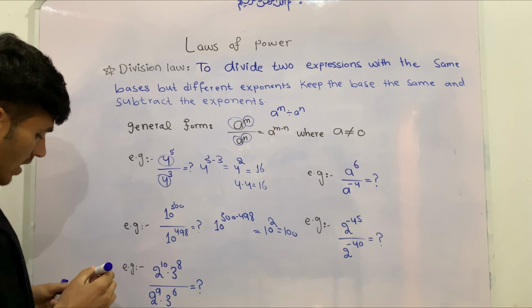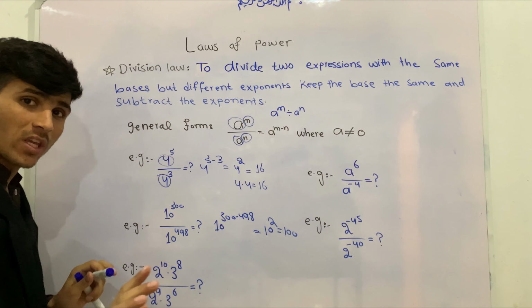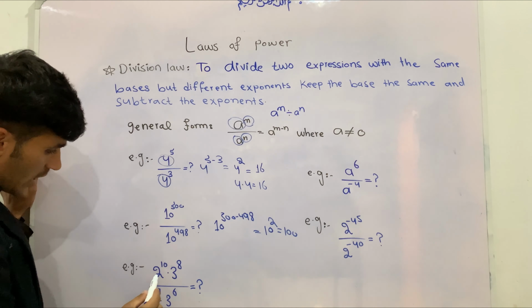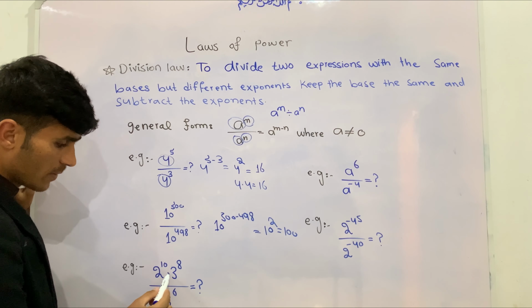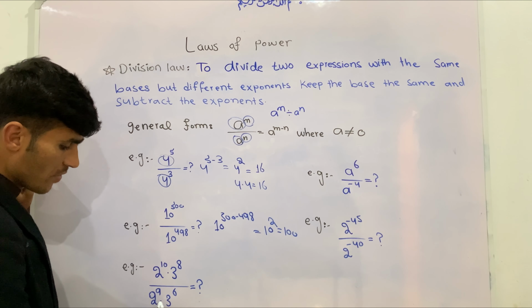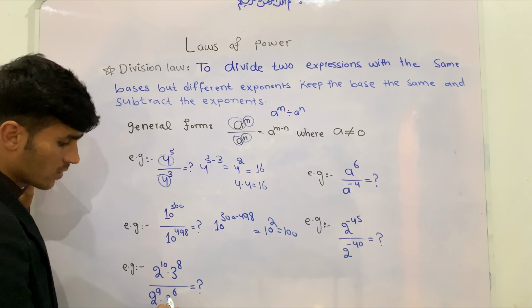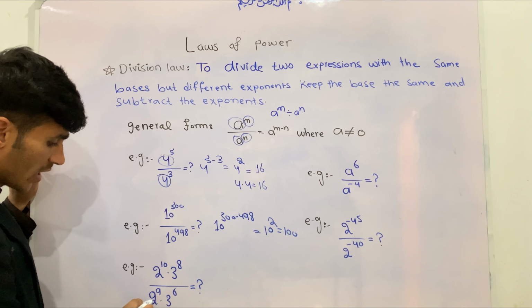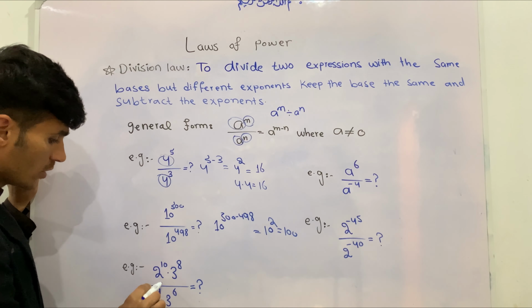Look at here, it's a little bit confusing, but don't get confused. It's a totally easy question: 2 to the 10th multiplied by 3 to the 8th, divided by 2 to the 9th multiplied by 3 to the 6th. How would you solve it? Of course, we have 2 in the numerator and the denominator.